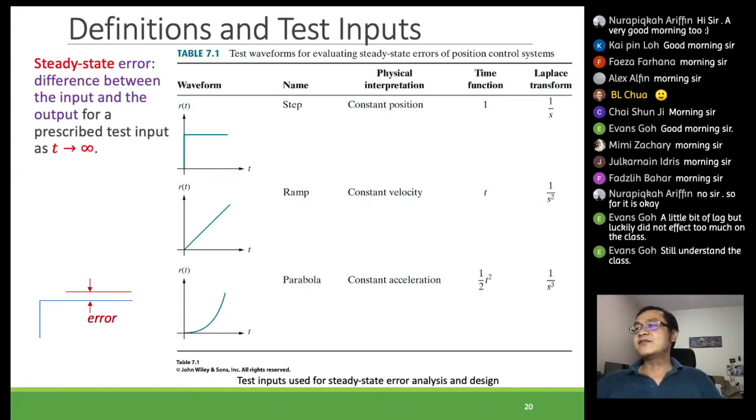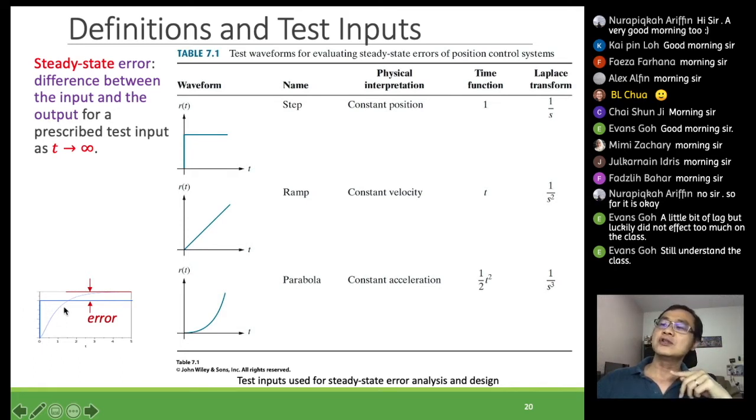So here is the definition of steady state error. It is basically just the difference between the input and the output. So you want to compare the input and the output. You will have the input, the blue line, as our desire, and the output, the time response, and how it behaves after we set the value of 90 degrees Celsius.